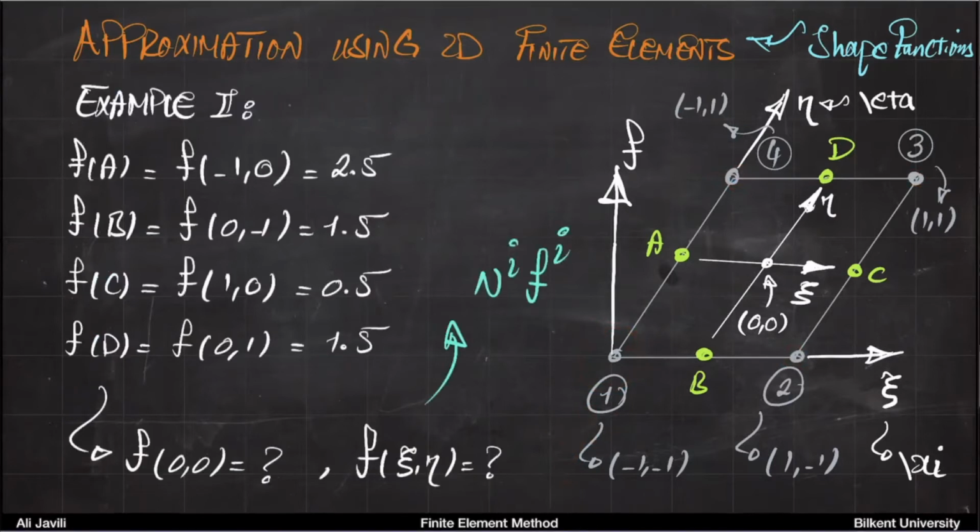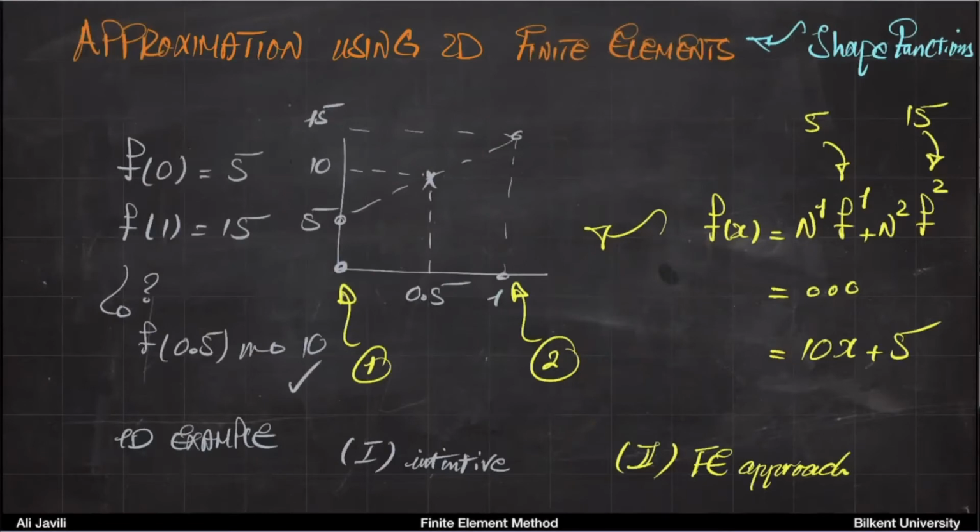If you want to construct N1 in 1D, you would say N1 is something that is 1 at node 1, which in this case is 0, and it's 0 at node 2, which in this case is coordinate 1. So what we did together was to write it something like this: x minus 1.